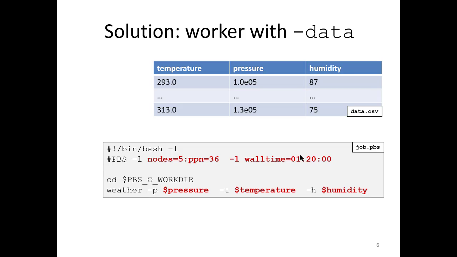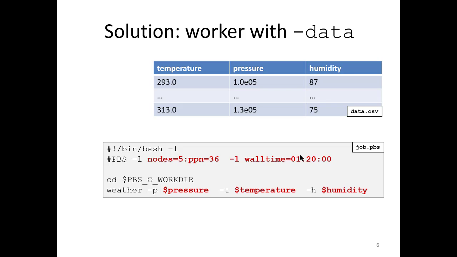And then we adapt the job script a little bit. One of the things we do is, rather than requesting a single node and a single core, we request, for instance, 5 nodes and 36 cores per node. And we also adapt the wall time. We'll discuss that later on as well.